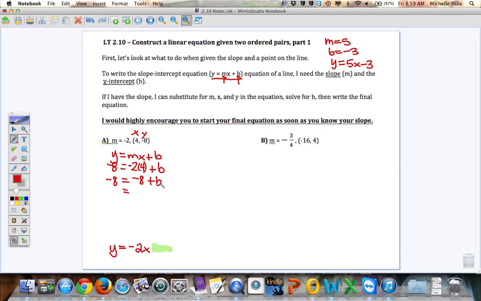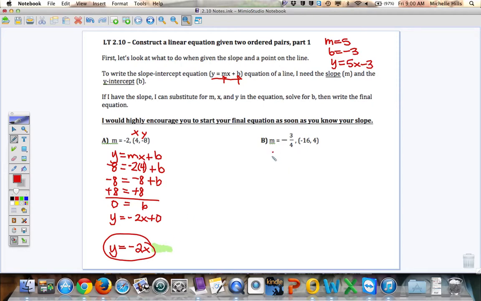Then to solve the equation, to get the b by itself, I'd add 8 to both sides of the equation, and I'd have b equals 0. Now, I could say, well, then y equals -2x plus 0, but that is just going to simplify to y equals -2x. So in this case, I didn't actually have to add anything out to the side.